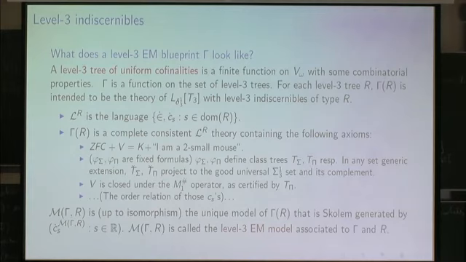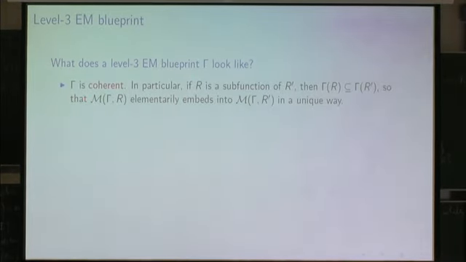Similarly, we can define the level 3 EM model associated to this EM blueprint. And the blueprint must have the coherency property, which is the higher level analog of indiscernibility. In particular, they must cohere with each other, so that if R is a subfunction, then this EM model must embed into the bigger EM model elementarily in a unique way.